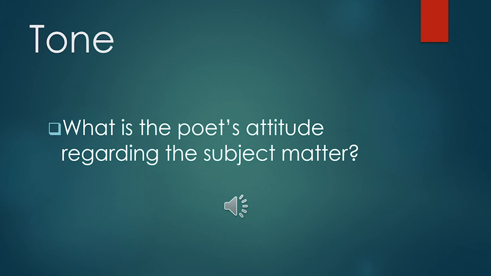Okay? Now, with tone, the tone displays the attitude of the poet. What we need to be aware of is this is hugely biased, because this tone is from the poet's point of view. Okay? So the tone will represent the poet's point of view. It might not necessarily be your point of view. However, it does give us an insight into what type of person the poet is and what type of poem this is.